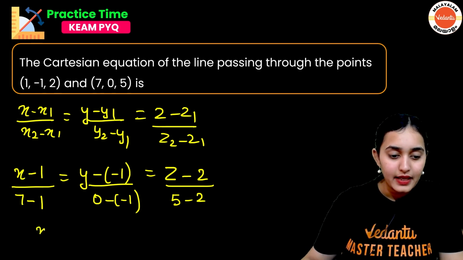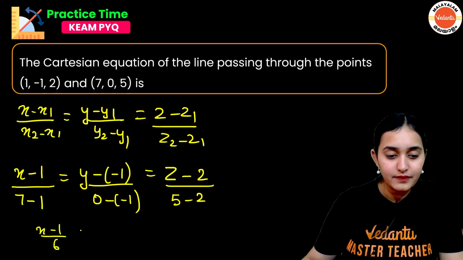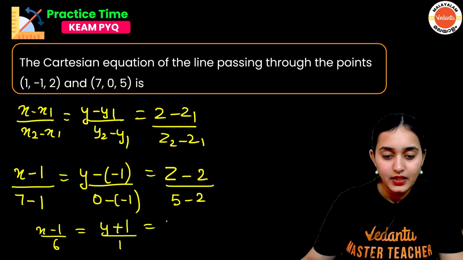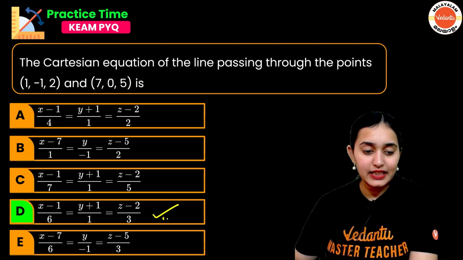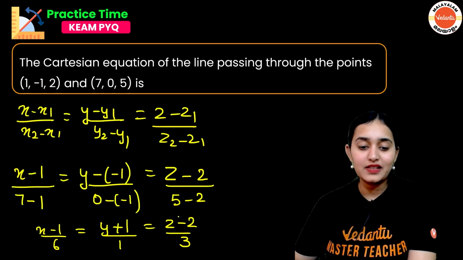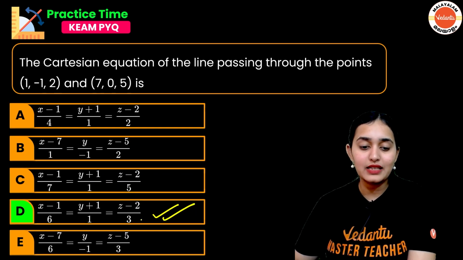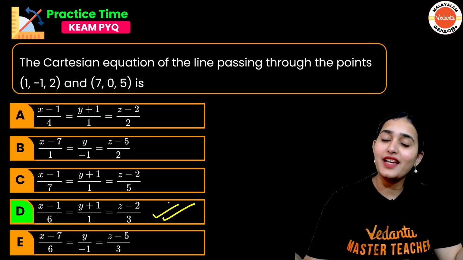So our equation is x minus 1 upon 6, y plus 1 upon 1, z minus 2 upon 3. Where we are getting here x minus 1, y plus 1, z minus 2. See, same equation, this and this, we got the answer.